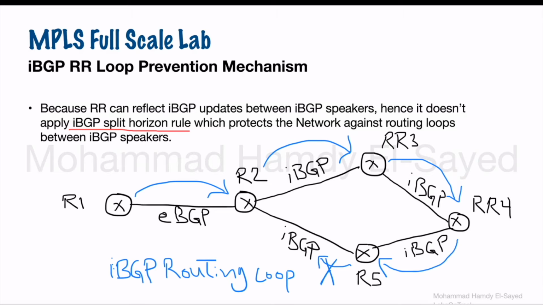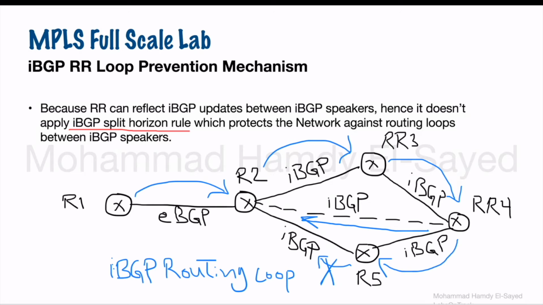R5 would not be able to resend this BGP update to R2 because it's a normal iBGP session between R5 and R2, and the iBGP split horizon rule is applied here. But RR4 has an iBGP peering session with R2. It can send the received BGP update from RR3 to R2 because RR4 has R2 as a client.